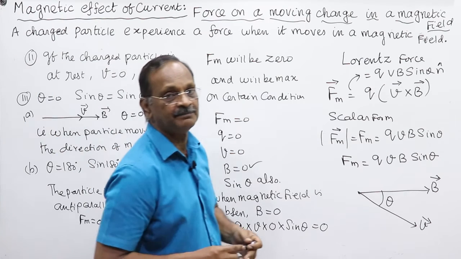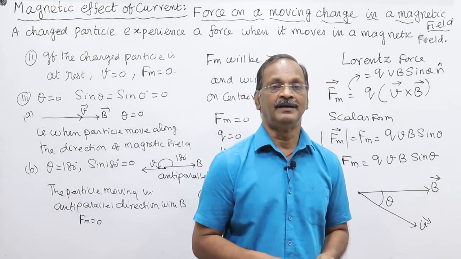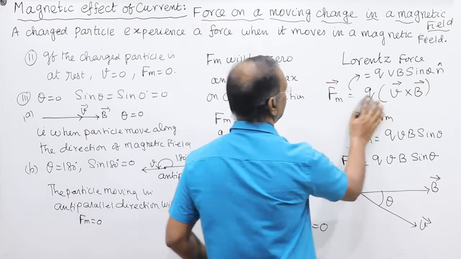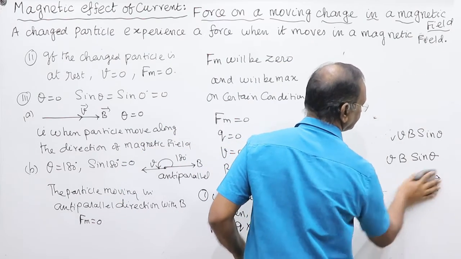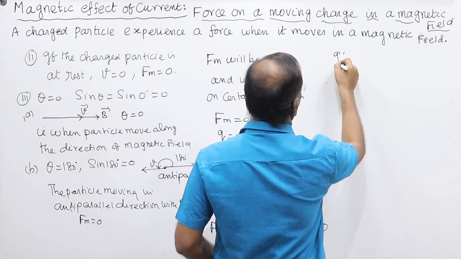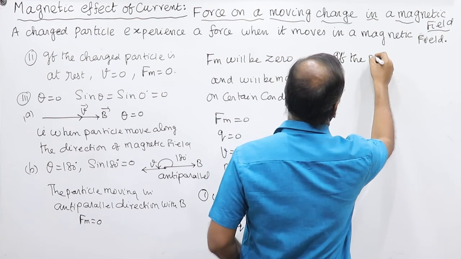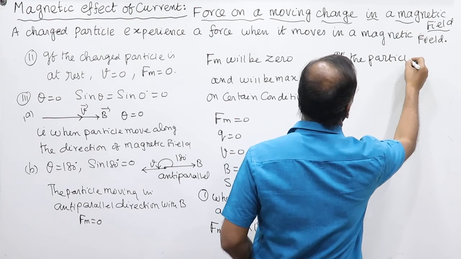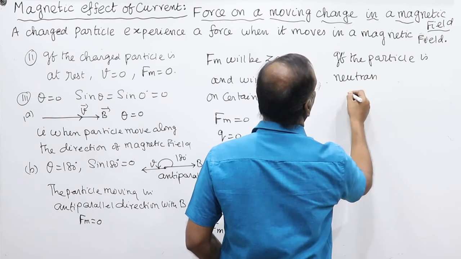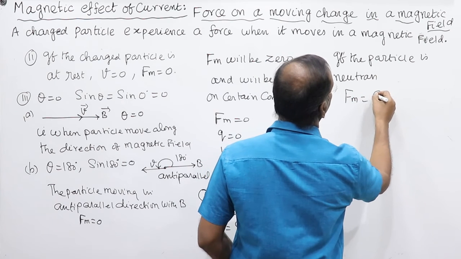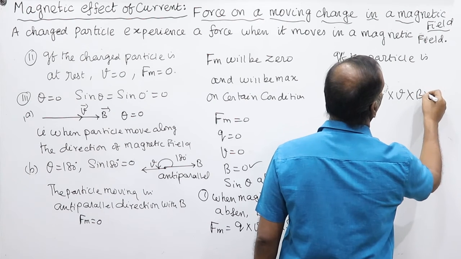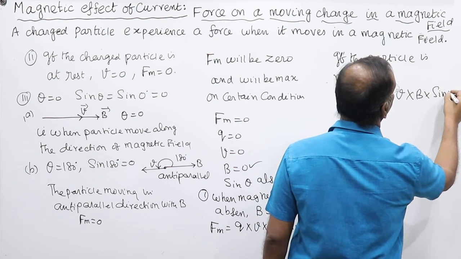And the next one is, if the particle is neutral. If the particle is neutral, Fm in magnitude is equal to charge into its velocity into magnetic field into sine of theta.